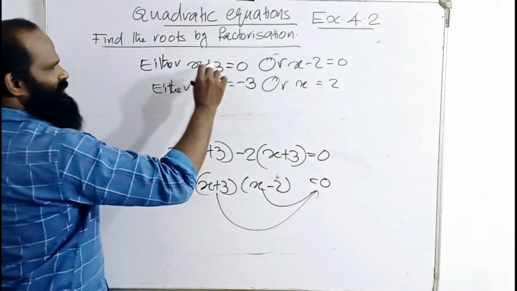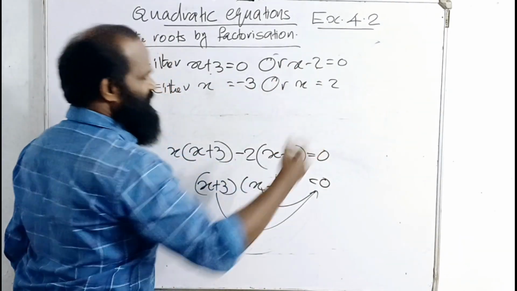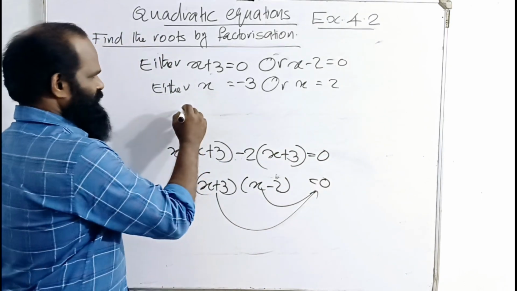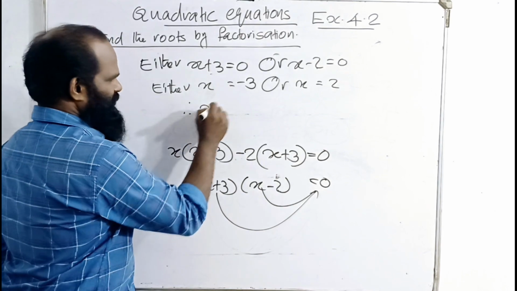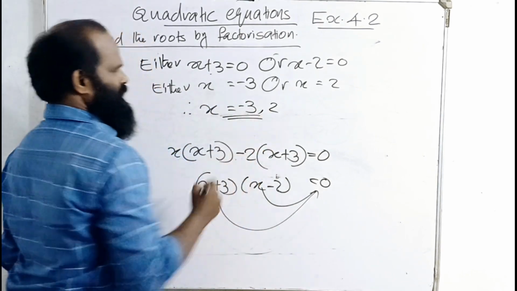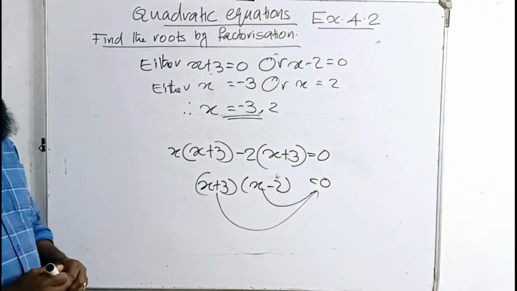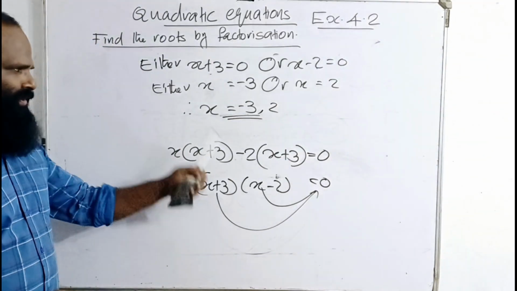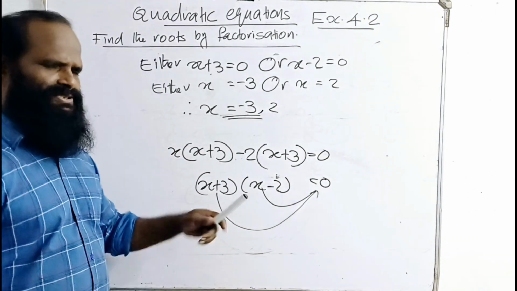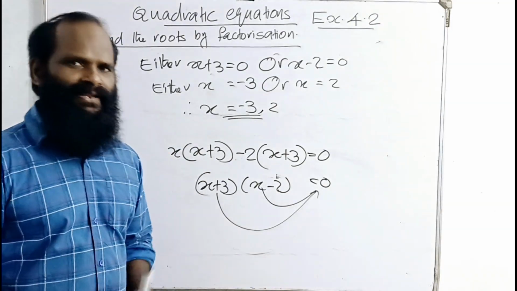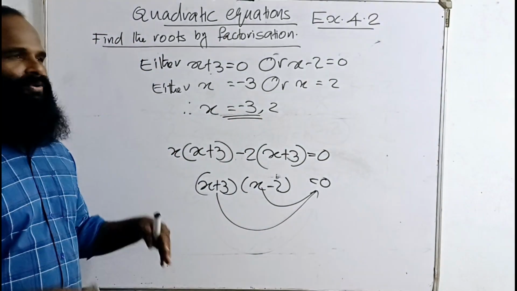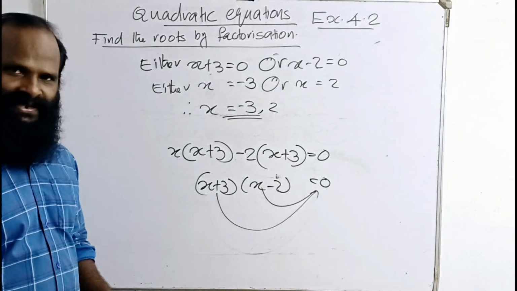So when the terms change the side, their signs change. Therefore, x is equal to negative 3, 2. So these are the values of x in question number 2. These are very simple questions. You wouldn't find any difficulty in understanding its solution. You may rewind it and watch it once again.